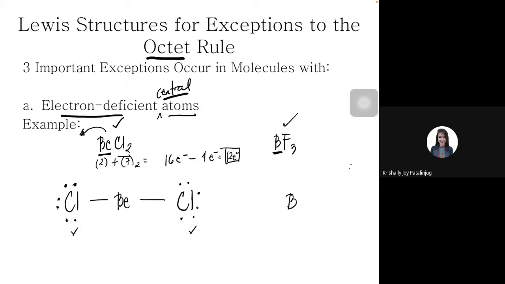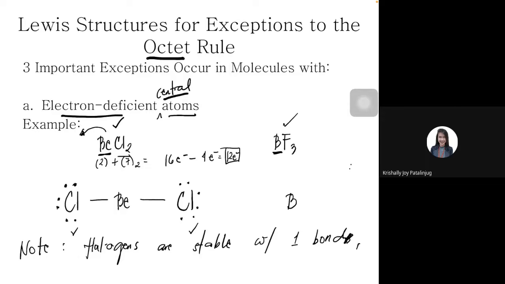Because the surrounding atoms are halogens. Remember that halogens are stable already with one bond and six lone electrons. That's the most stable bonding state of halogens.